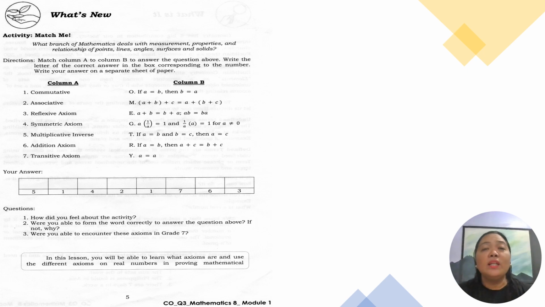To answer that question, of course, you need to match column A with column B. Then, you need to write the letter of the correct answer in the box here. As you can see, we have boxes which correspond to a certain number.